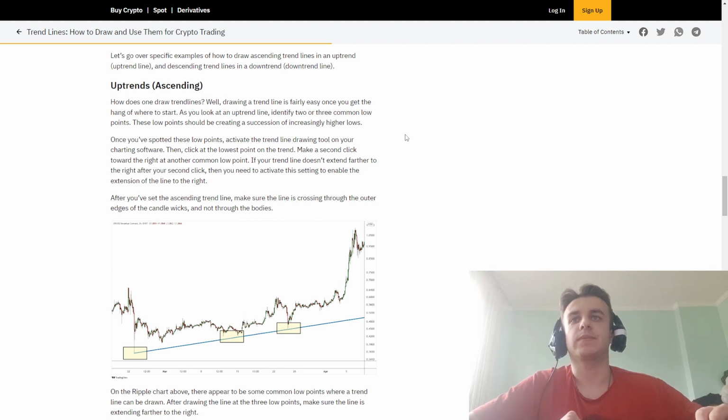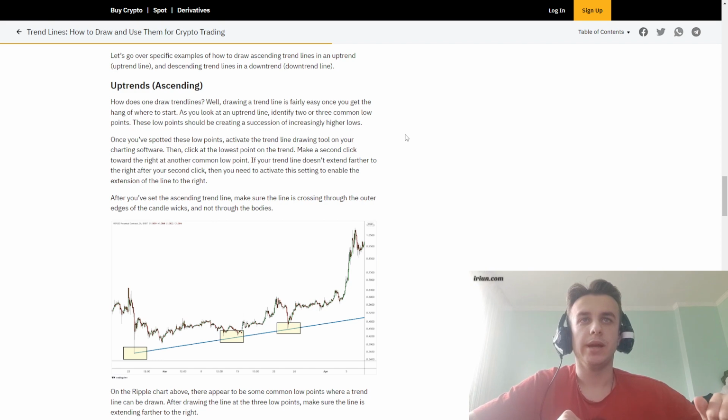Once you spot the low points where the trend is, use the trend line tool on your charting software, then click on the lowest point in the trend, and make a second click towards the right on another common low point. If your trend line doesn't extend further to the right after your second click, then you need to activate the settings that enable extending the line to the right.